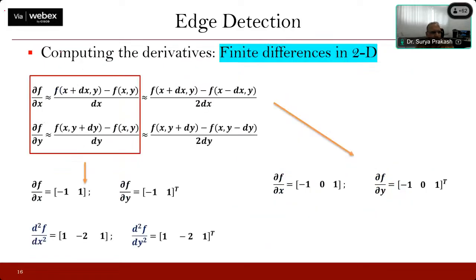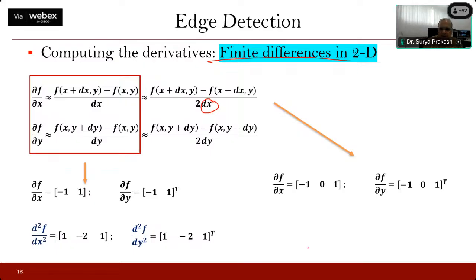To compute the finite differences, we cannot use symbols like dx, because dx and these things work only in the continuous domain, right? In the discrete domain, you have to approximate your derivative with the help of finite differences. So here we see what equivalent we get for the given filter in terms of the finite differences.